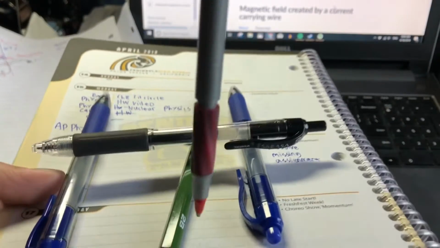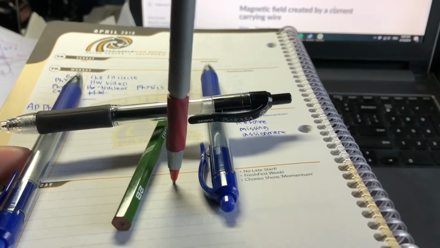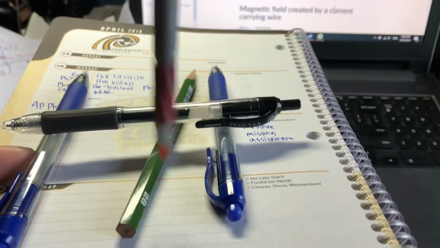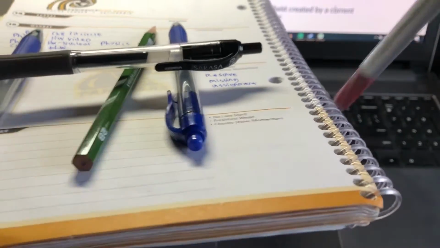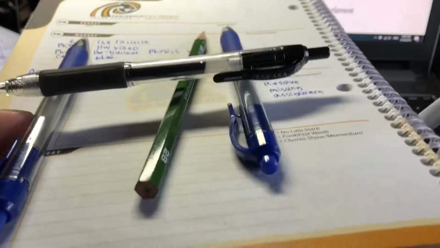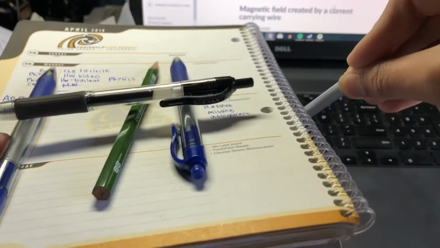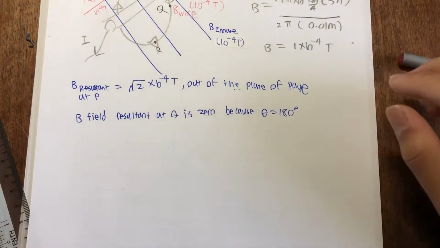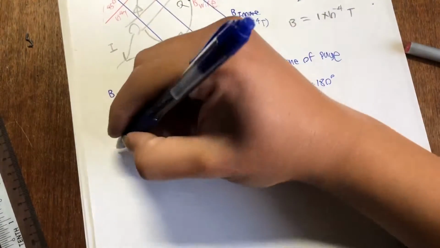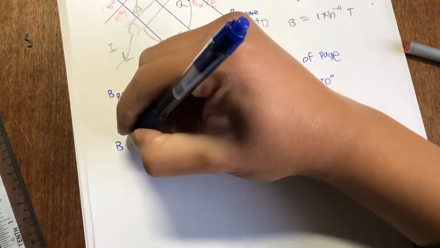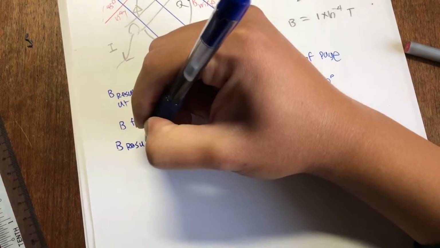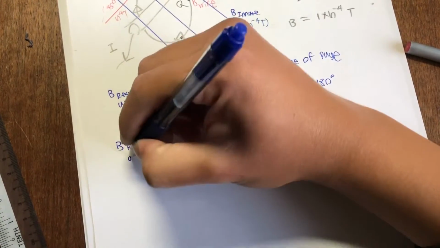If the B field created by the wire at point R, and you draw a tangent to it right down, that's the innate B field, well then the resultant B field is going to be 45 degrees inward from the plane of the page as is described by the book. And the magnitude of that is going to be exactly the same as that, because again, they're both 10 to the negative 4 Teslas, and we're working with 45 degrees again. So we'll just copy what we have at point P.